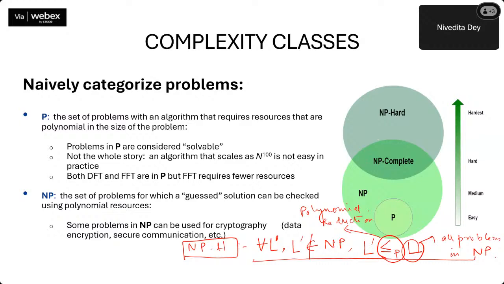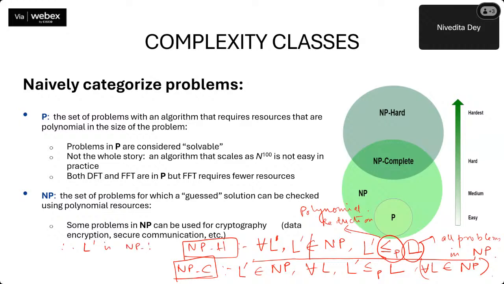Just remember the story of the computer science and IT or EC class that I mentioned. And for an NP complete problem, now you can write it down. L dash should also belong to NP, and for all L belonging to NP, if L dash is polynomial time reducible to L, then L dash is NP hard.